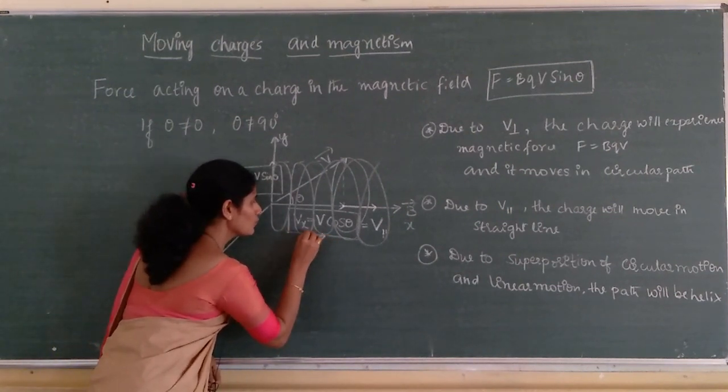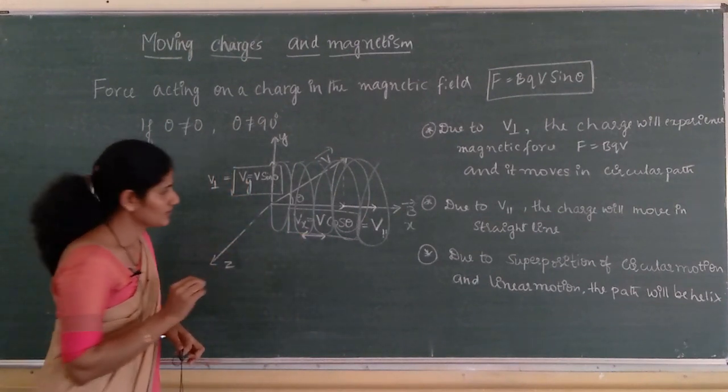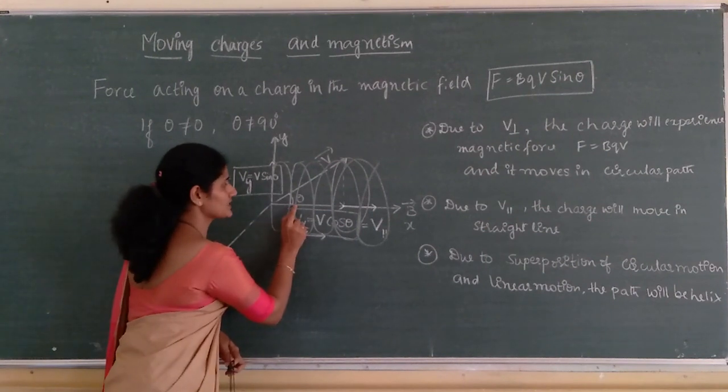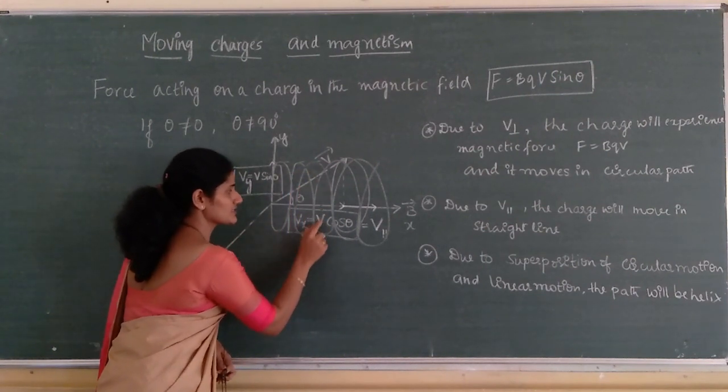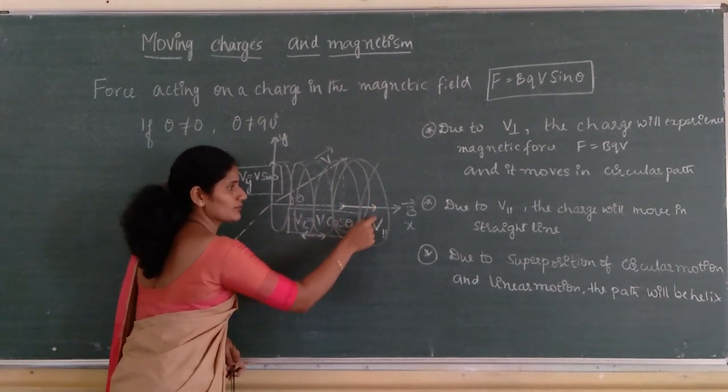Now, the distance moved by the charged particle during one rotation. The particle is here, and it will move like this: circular motion and linear motion, circular motion and linear motion.